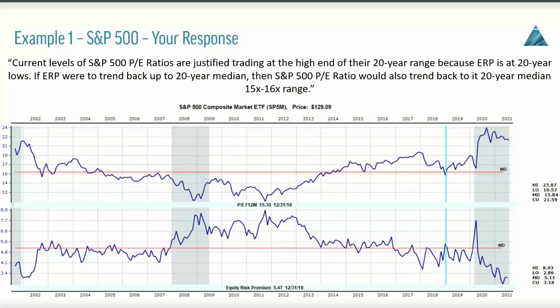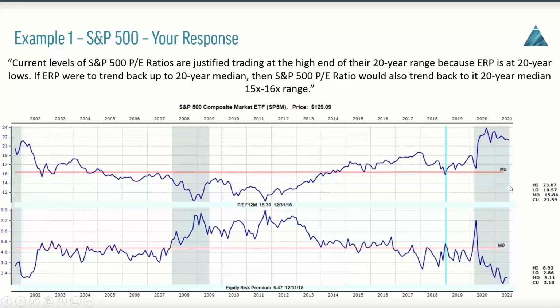And you can then further cite that if equity risk premium were to trend back to the 20-year median, then the S&P 500 PE ratio would also trend back to its 20-year median, which is the 15 to 16 times range. And you can actually see on the slide where I illustrate that. So all-time highs here for the S&P 500 PE, 20-year lows for equity risk premium. You can see that really strong inverse correlation here.